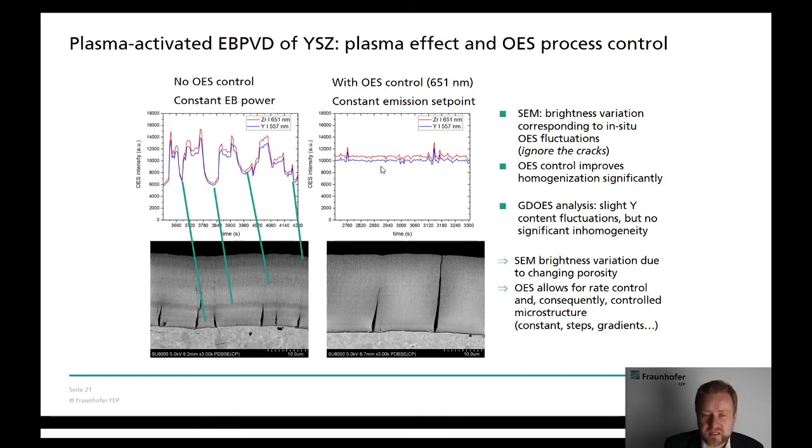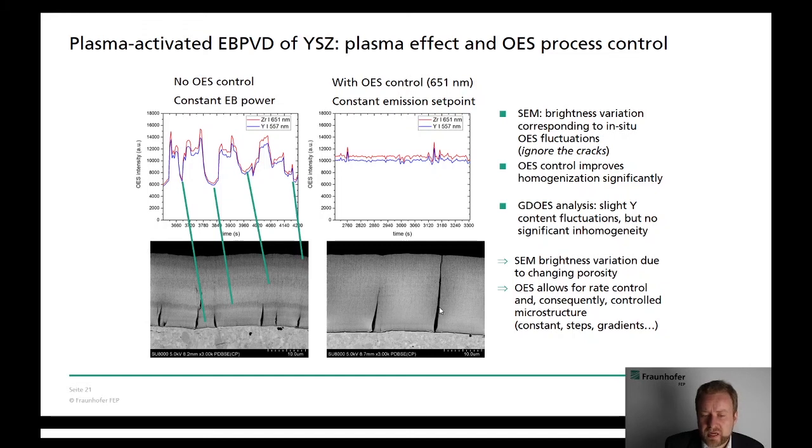On the right side, we see the case with OES control. So we have maintained a constant optical emission, so also more or less a constant evaporation rate from the crucible. So we see that the optical emission indeed is more or less constant, and we could reach a quite homogeneous distribution of the grayscale in our SEM picture.